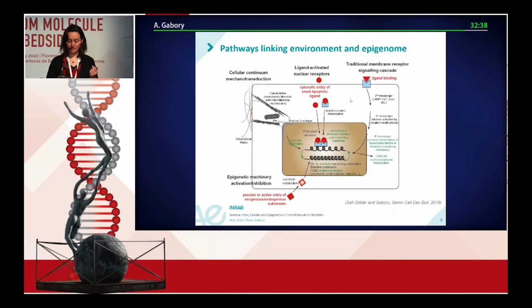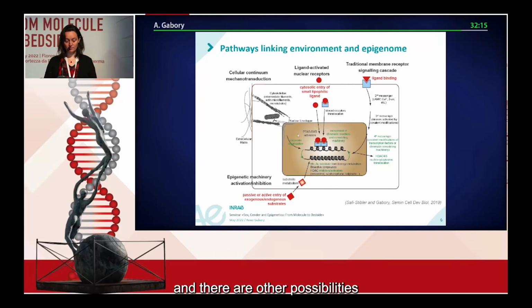So in this figure, we try to imagine what the pathways linking the environment and the epigenome could be. Of course, there is the epigenetic machinery, activated or inhibited by the substrates S-adenosylmethionine and acetyl-CoA, but also by inhibitors of HDAC.